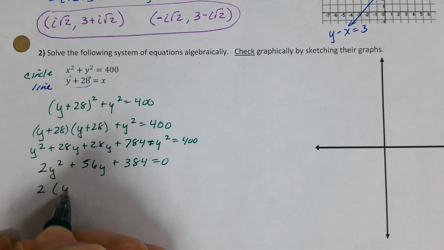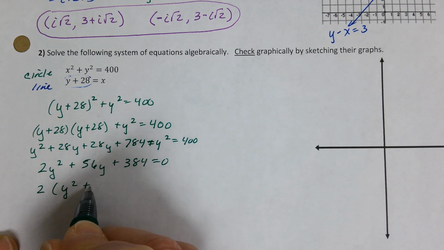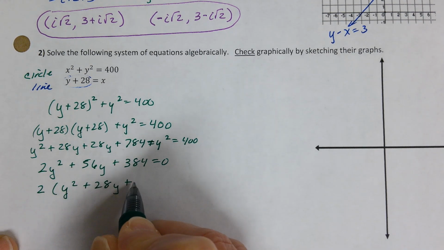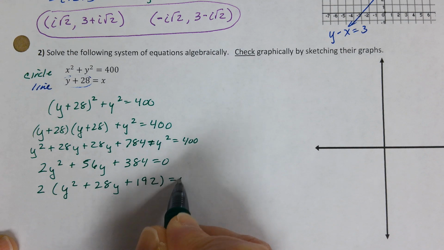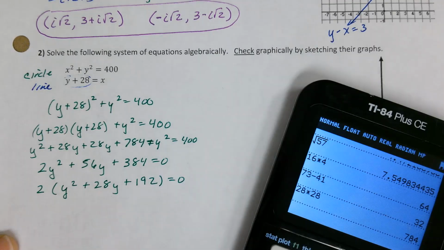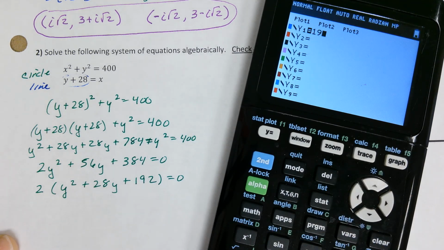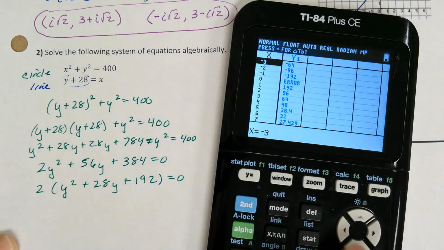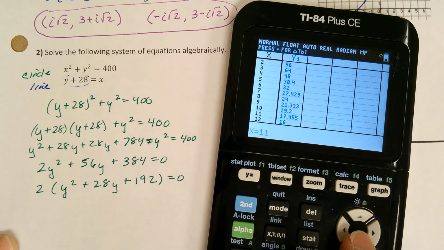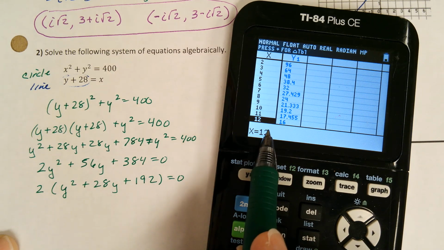GCF of 2 times y squared plus 28y plus 192 equals 0. Factors of 192 that sum to 28. 12 and 16, both negative.